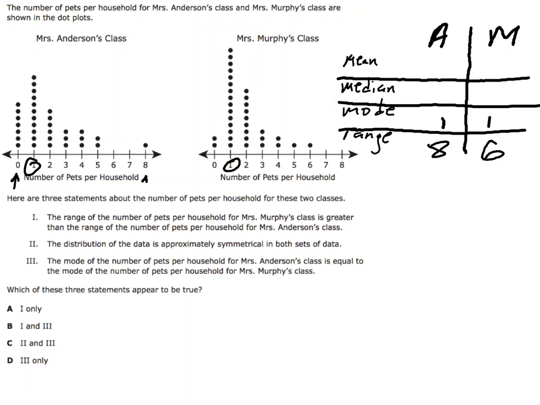All right, in order to do the median and the mean, we have to make a list of all the numbers. But I have another strategy. So I'm going to take 6 off.